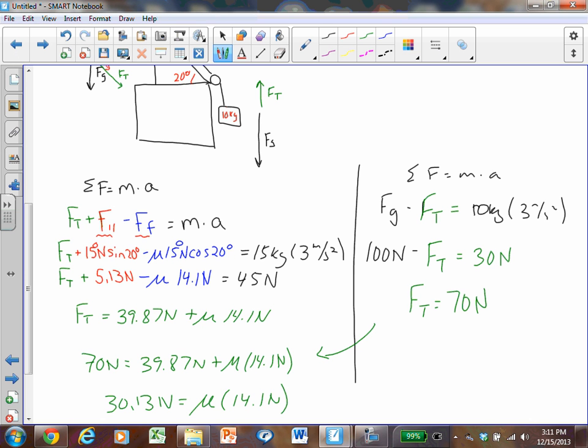So 150 sine 20 is 51.3. And then this would be 141 newtons. Oops. Yay. So let's just erase it from here.